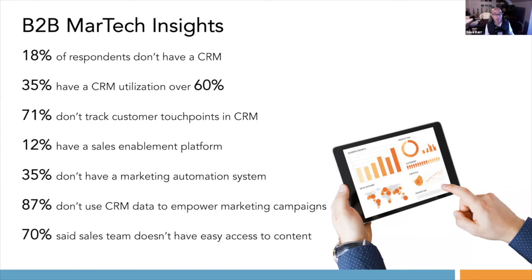Another big one that really stood out, of all those respondents that we had in B2B, only 12% of them had a sales enablement platform. Sales enablement platforms can do really big things in terms of boosting your conversion performance. So it's really not related to lead generation, but it's more related to lead action. So how are you converting those?